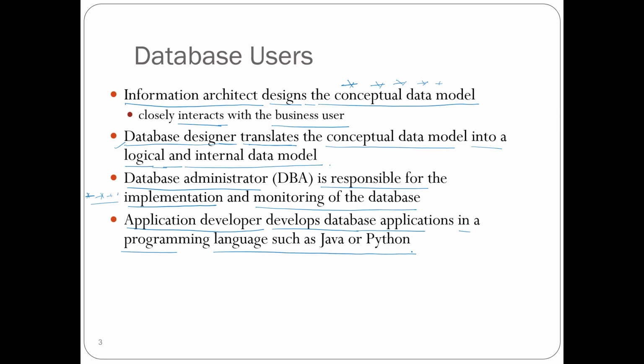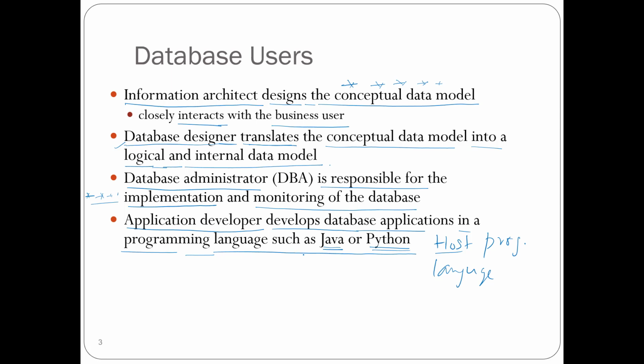Now, in the database context, in some texts, you may find the term host programming language mentioned. In that context, host programming language refers to high-level programming languages like Java or Python, which may be used in developing the actual application.